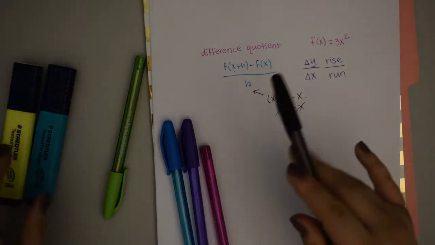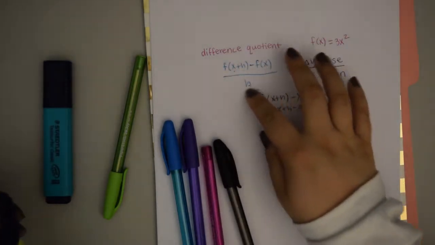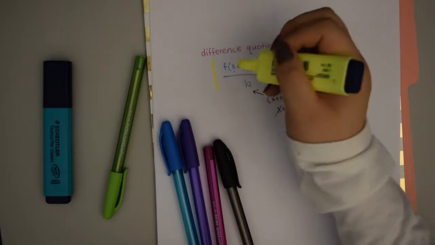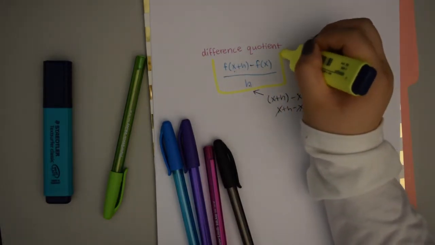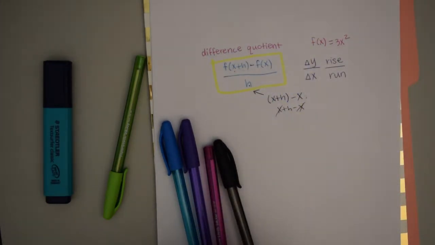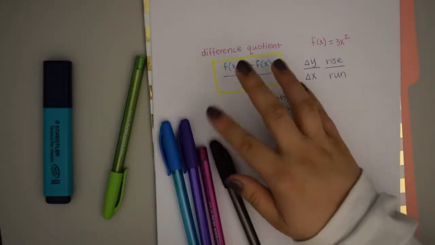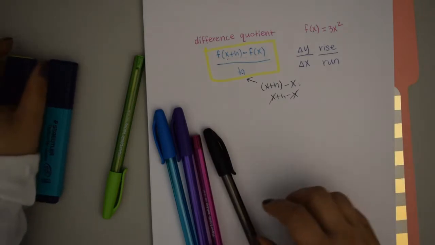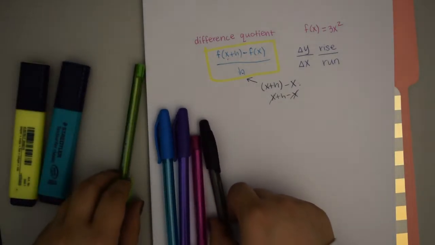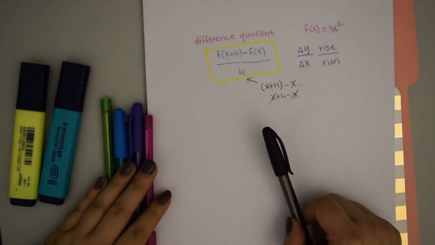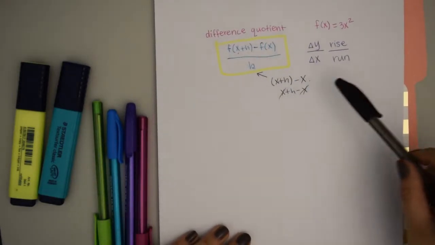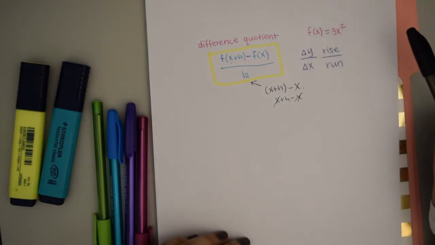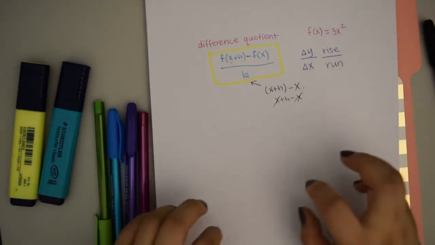So in sort of a hidden way, this is actually a slope of some line, and we'll figure out what that line is in calculus. But just to give you a little bit of a heads up, or a little bit of intuition about what this even is. But for now, let's focus on knowing what to do and how to find this thing for a function. So let's just use 3x squared as an example.